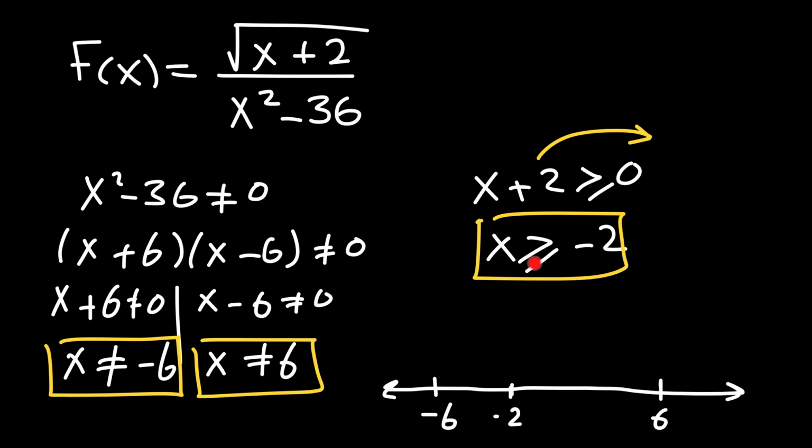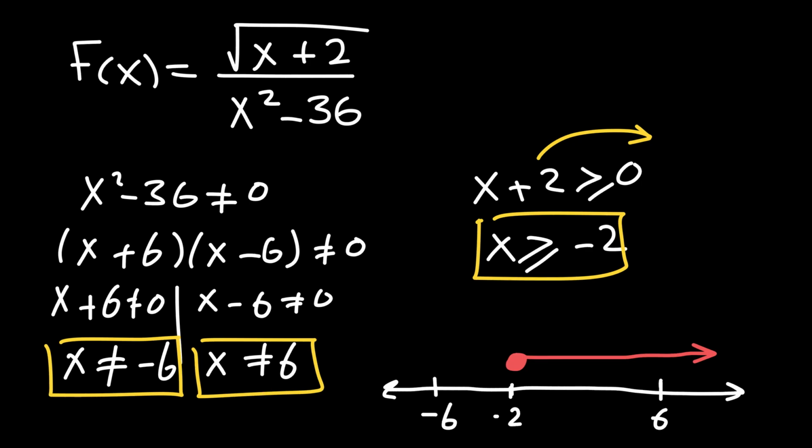Let's start with this portion. x greater than or equal to negative 2. This is negative 2, so we have to make a closed circle because we have an equal sign. And x greater means all the real numbers greater than or equal to negative 2. Let us jump to x should not equal minus 6 and x should not equal 6.